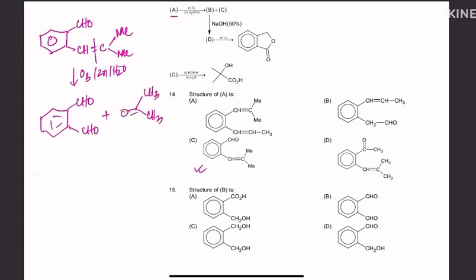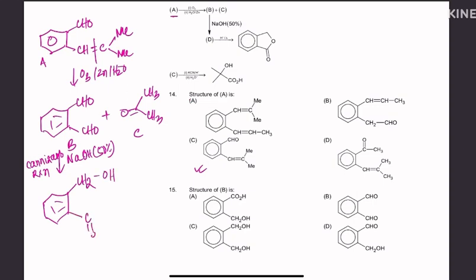Now see, this is basically B and this is C. Now if I do this B with NaOH, and it is mentioned 50%, so 50% means this is a Cannizzaro reaction. So in the Cannizzaro reaction, one part will be alcohol, another part will be C double bond O minus.